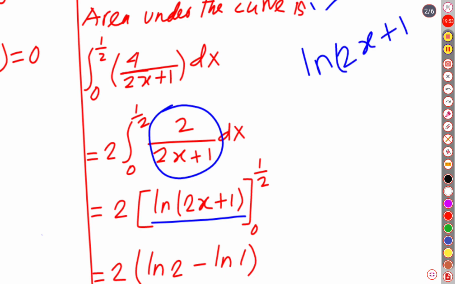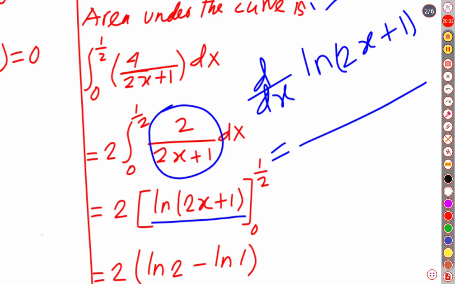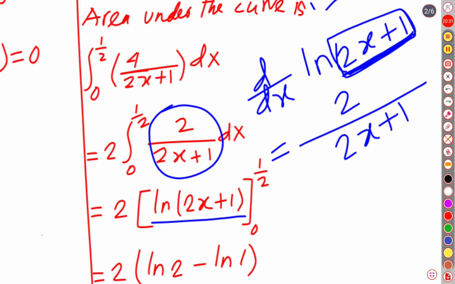The formula for the ln function is that the function remains as the denominator, with no change, and in the numerator, avoiding ln, we just find the derivative of the function. The derivative of 2x is 2 and the derivative of 1 is 0, so it is actually 2. The derivative of the inner function 2x plus 1 is 2, and the denominator remains unchanged.